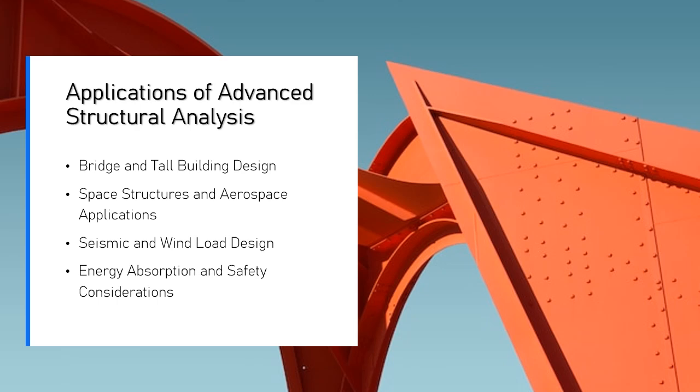Viscous dampers use fluid to absorb and dissipate energy through resistance to motion, reducing vibration. Tuned mass dampers, often placed in the building's upper floors, counteract the building's motion by generating an opposing force. Friction dampers convert kinetic energy into heat through friction, reducing motion.